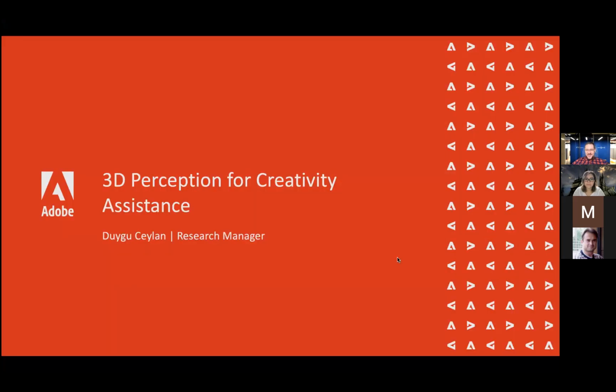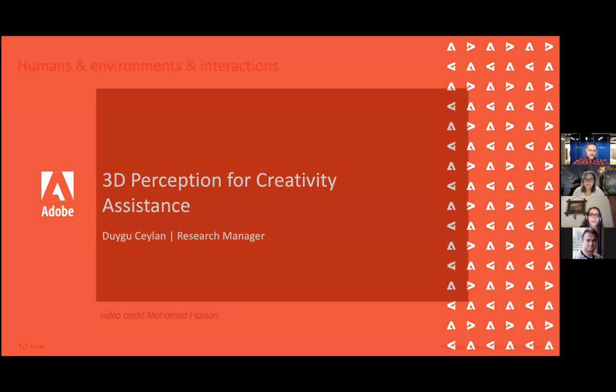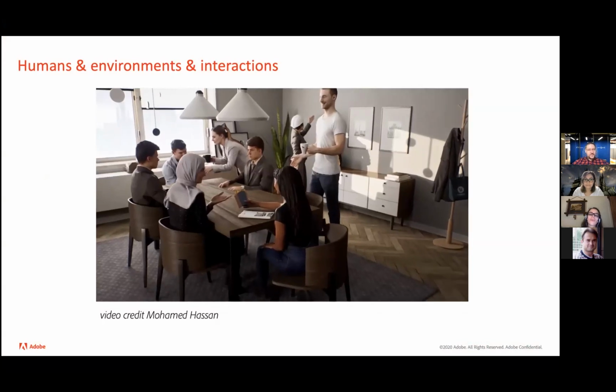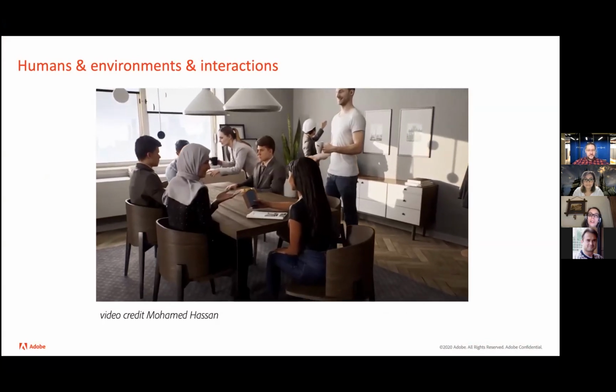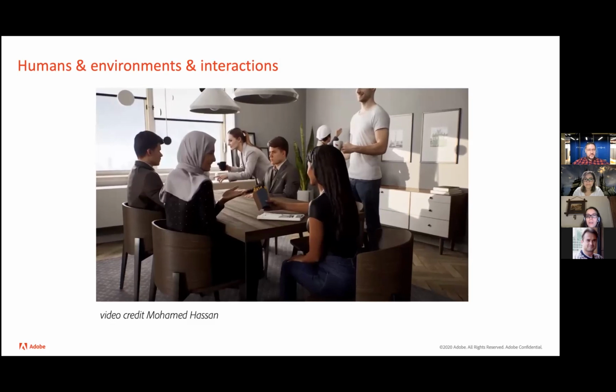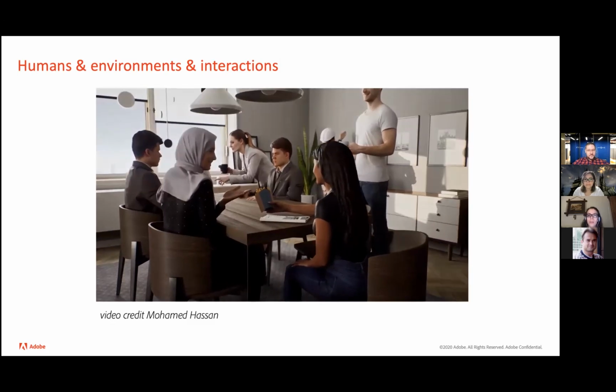Thank you so much for the introduction and thank you for having me today. So today I will be talking about some of my research in the context of 3D perception. Specifically, my research focuses on inferring 3D information from 2D content, which could be images, videos, or sketches.